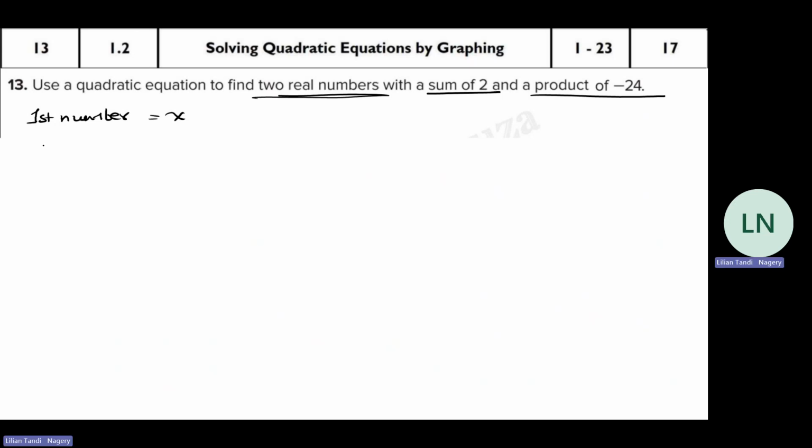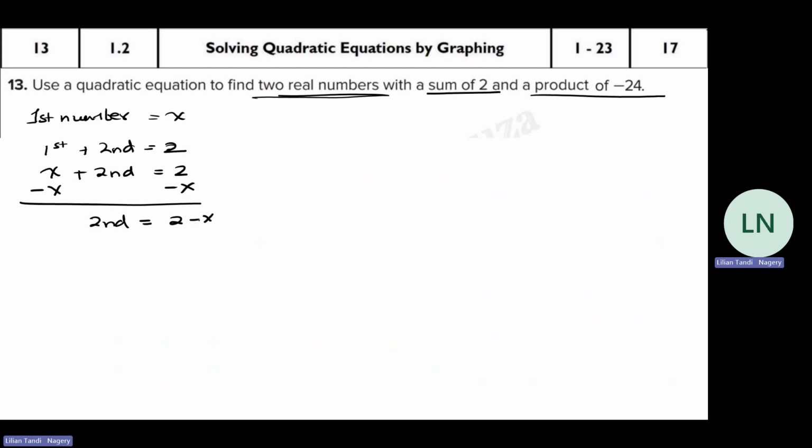My second number: I know that first number plus second number should give me 2. x plus second number equals 2, so I subtract x on both sides. So second number is 2 minus x.